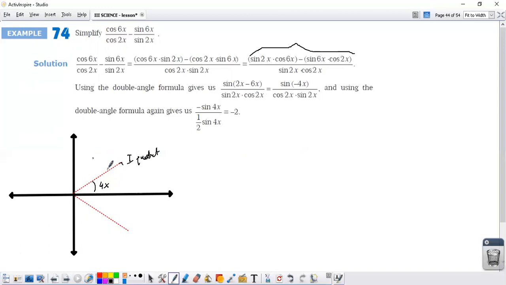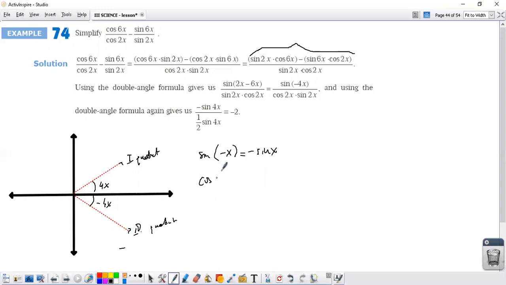In the first quadrant, the measure of sine is positive. So what is the meaning of sine minus 4x? We are going to move in a clockwise rotation, so it's going to be minus 4x. So it will be in the fourth quadrant, right? In the fourth quadrant, the measure of sine is negative. So because of that, the measure of sine minus x is equal to minus sine x.